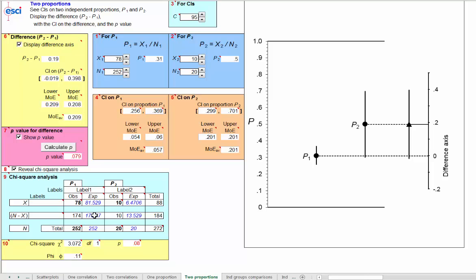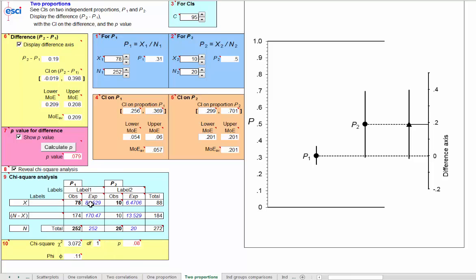So the larger the chi-square, the more the divergence observed from expected, and the stronger the evidence we have that the null hypothesis is untenable. Now, applying the formula, chi-square here is 3.07. This has 1 degree of freedom in a 2x2 table. This is a slightly large value of chi-square under the null hypothesis.